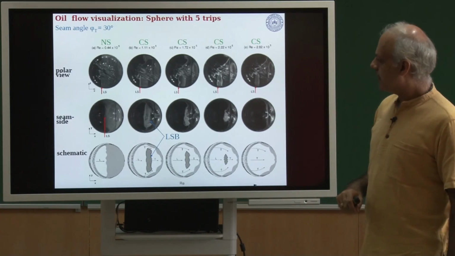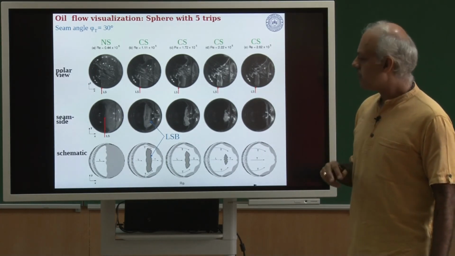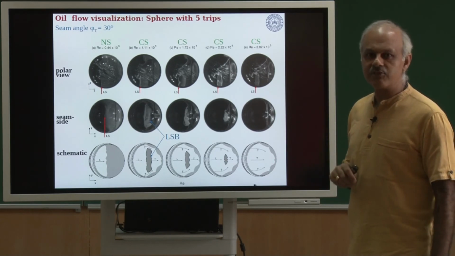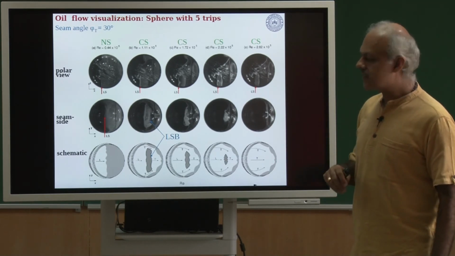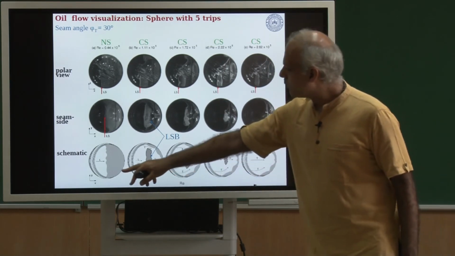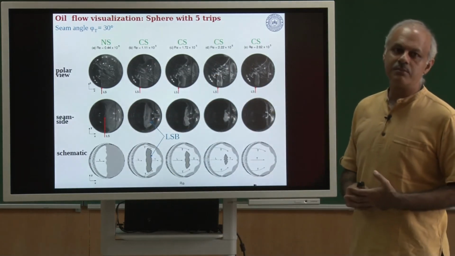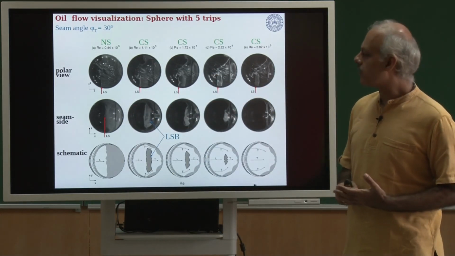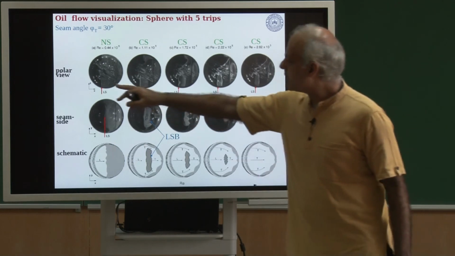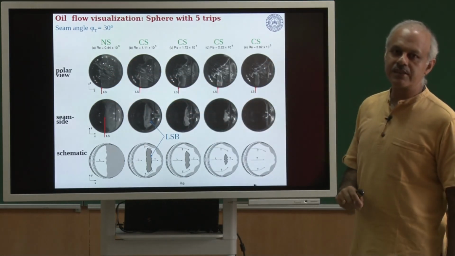Now the laminar separation bubble, which was axisymmetric in nature for a sphere, takes a very interesting shape for a cricket ball. So let's look at a very low Reynolds number. Here you get no swing, the seam pretty much plays no role. The boundary layer has laminar separation on the non-seam side, and laminar separation on the seam side.